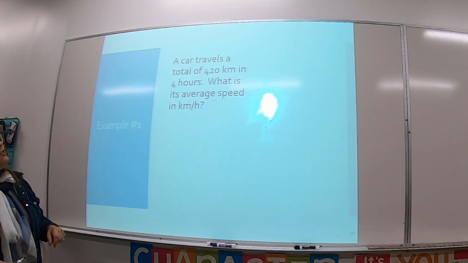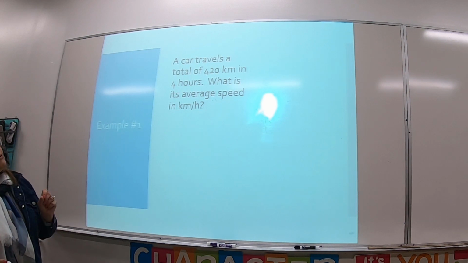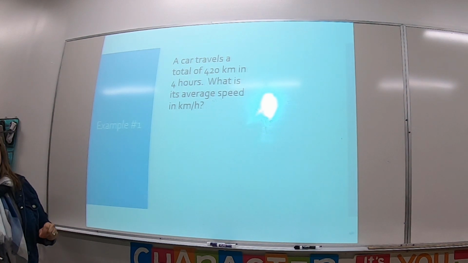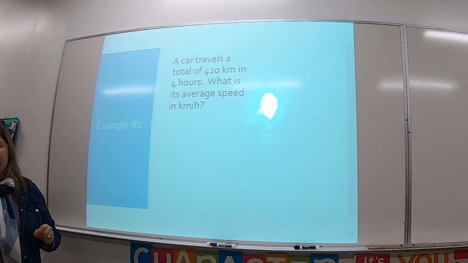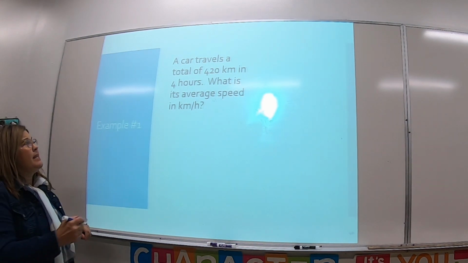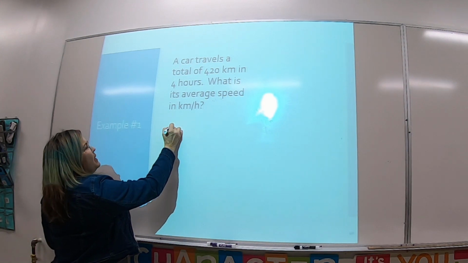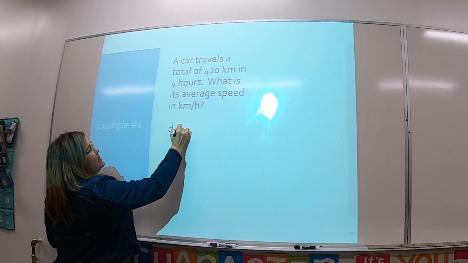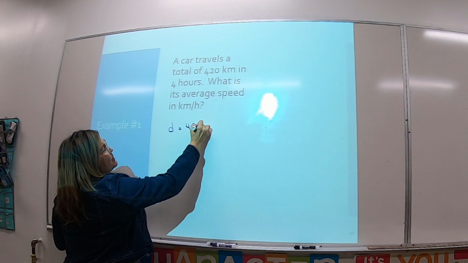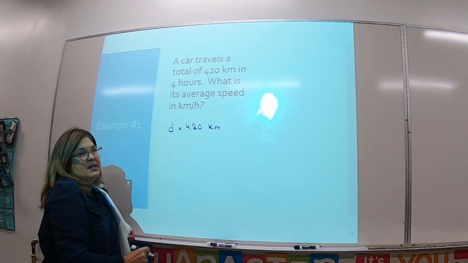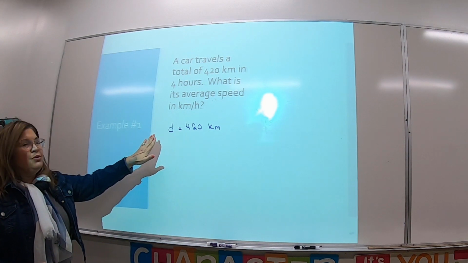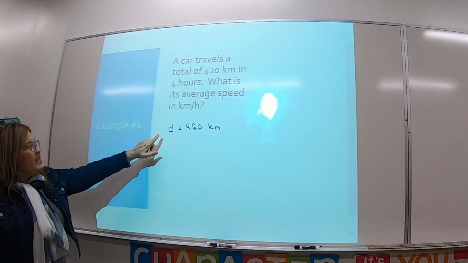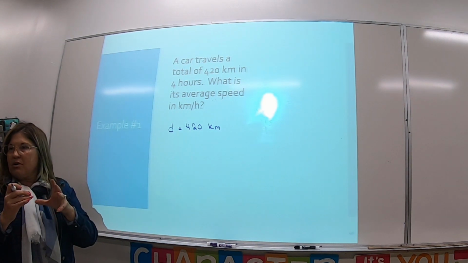So it says a car travels a total of 420 kilometers and it takes 4 hours. What is the average speed? So I read the question, now I have to write down what I know. And I know my d, distance, is 420 kilometers. You can't just write 420, you have to write down the appropriate symbol that goes with it.